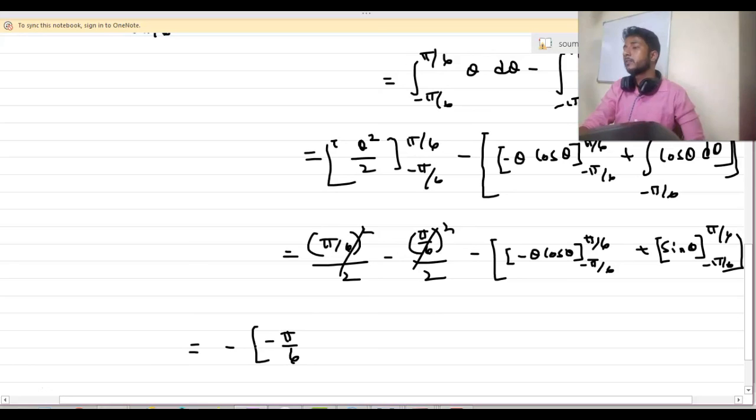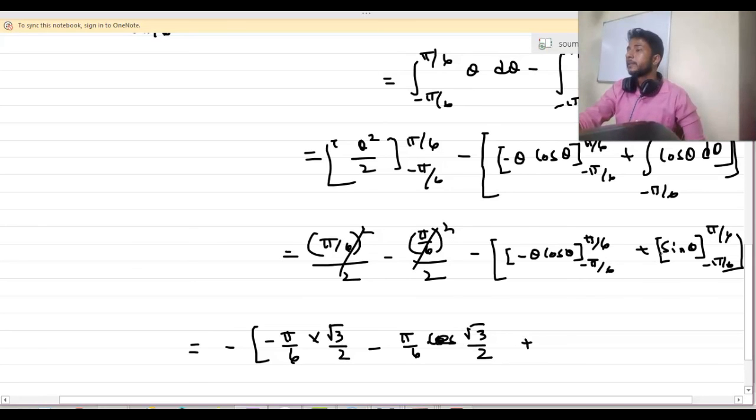pi by 6 into cos pi by 6, which is equal to root 3 by 2. Okay, so this is minus, and it again becomes minus pi by 6 into cos of minus pi by 6, which is again root 3 by 2.